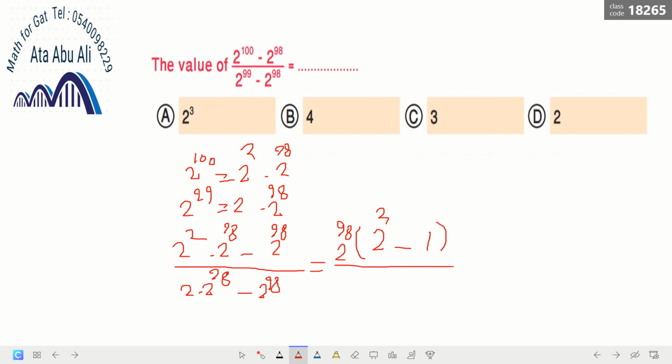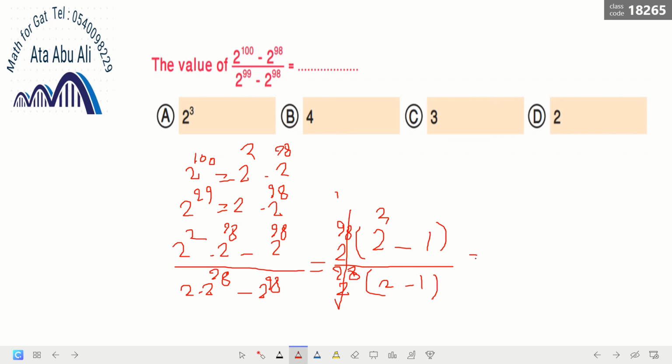Over, the same thing I can take from below, 2 to the power 98 as a common factor. Here I can divide by 2 to the power of 98, so it is still 2 minus 2 to the power 98 divided by 2 to the power 98, which is 1. I can simplify this by this, it's equal to 1.